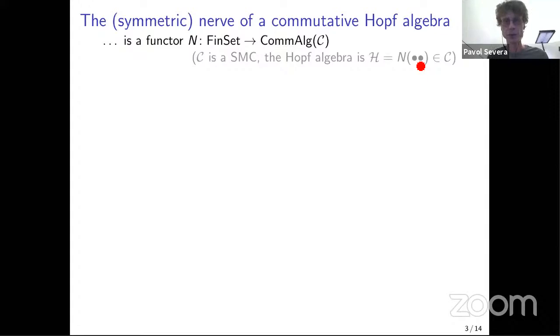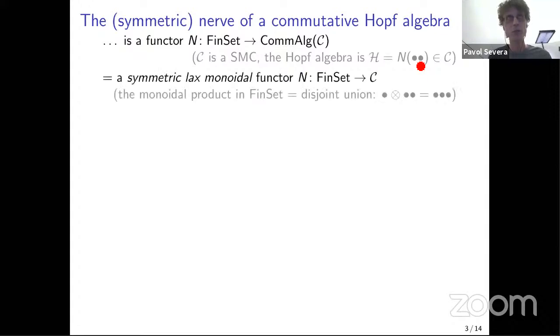And since it is so simple, let me needlessly complicate things by saying that such a functor going from finite sets to commutative algebras in C is the same as just a functor going from finite sets to C, but with an additional structure. That additional structure is that it's a symmetric lax monoidal functor. We already met the statement that finite sets is naturally a symmetric monoidal category where, when you see a sequence of dots, it's just the tensor product of those dots.